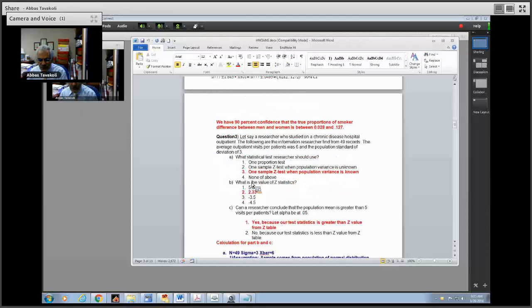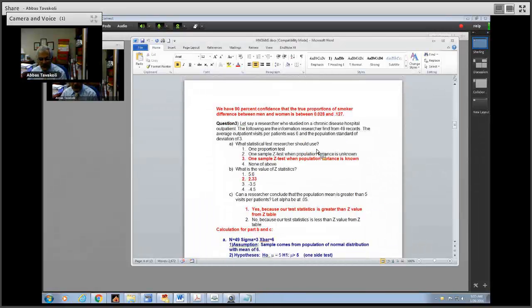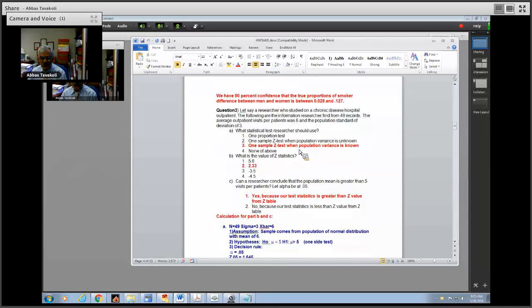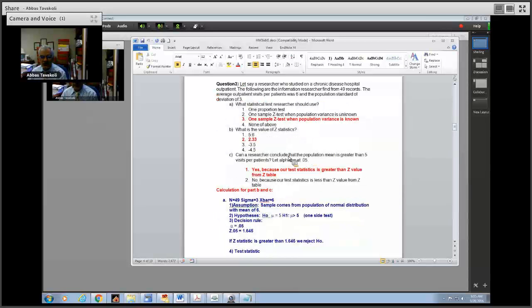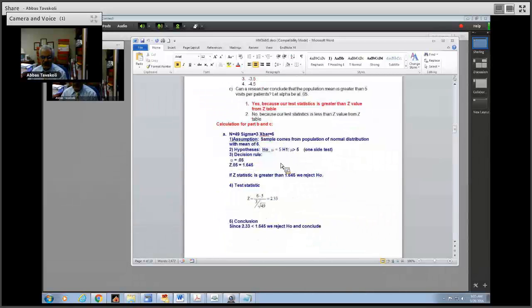For question 3, again, we have a sample of 49, and we know the population standard deviation, and the average was 6 outpatient visits. Because you know your sigma and you have one sample, you use a one-sample z-test.